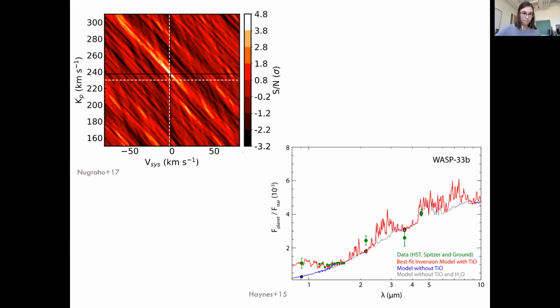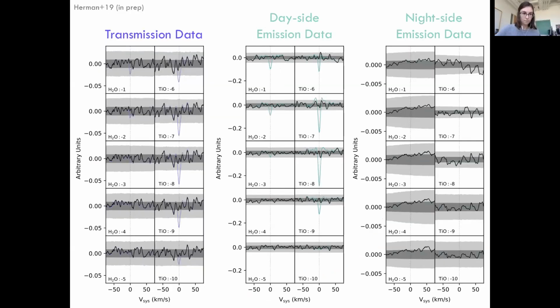So first of all, when you inject the signal into your data, do you actually use the same model that they seem to have found in the 2017 paper? Or what is the overall flux level, or the contrast level, that you put in?